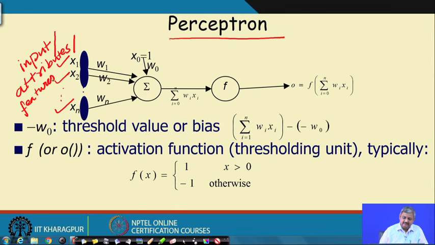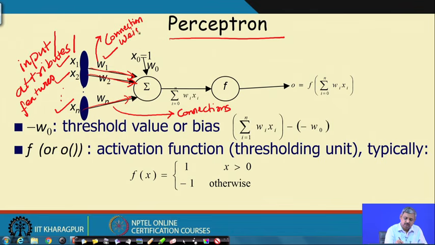Then each of these inputs is multiplied by a weight of the connections. Each input is connected by this arrow to the main neuron, each of these are connected. These we call connections, and each connection has a weight which we call connection weight.